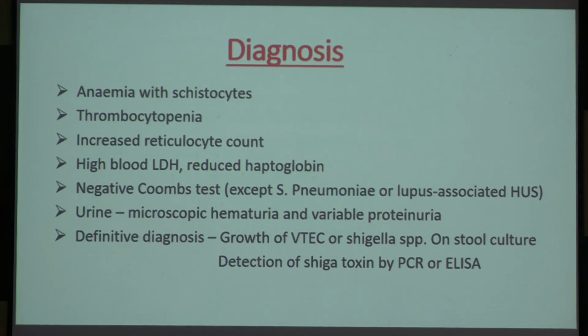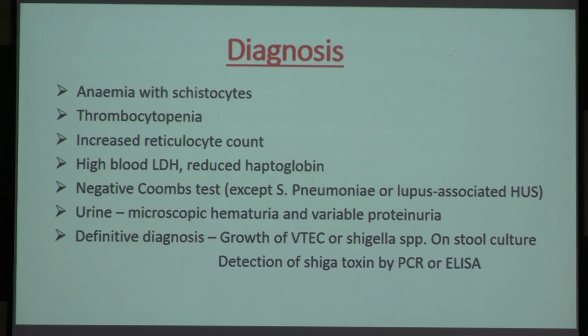Now, diagnosis, what are the laboratory investigations? First, anemia with schistocytes, hemolytic anemia. Then thrombocytopenia, increased reticulocyte count, as we get in cases of hemolytic anemia.